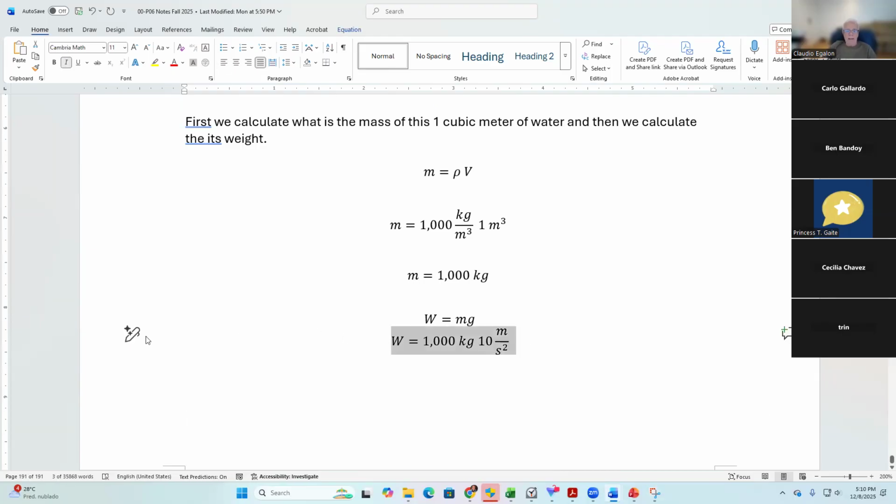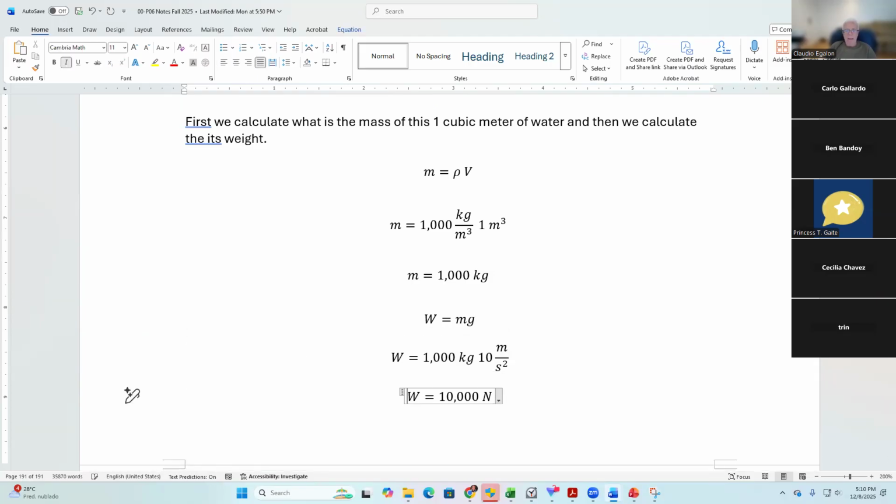So what do we get? We get 10,000 newtons, 10,000 kilogram meter per second squared, or 10,000 newtons. That's going to be the buoyant force if we were to displace 1 cubic meter of water.